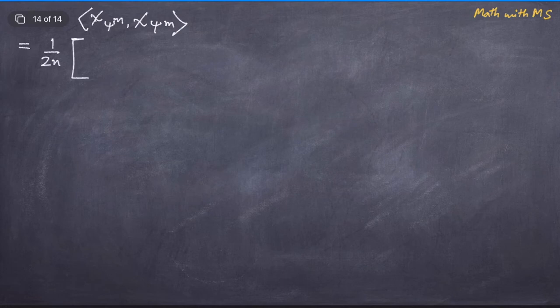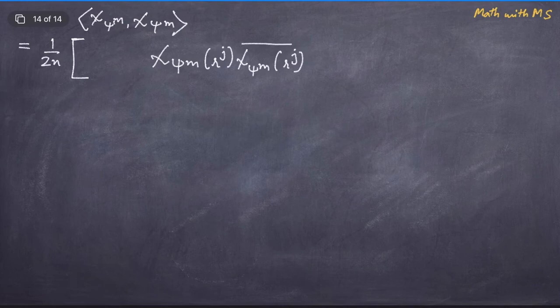So we compute chi of psi m, which is same as 1 by order of the group G, that is 1 by 2n, and then chi of psi m at powers of r, let us say r to the power j, into chi of psi m at r to the power j and its conjugate.